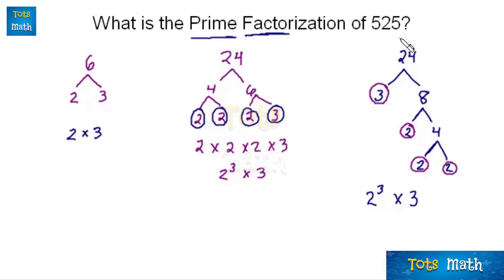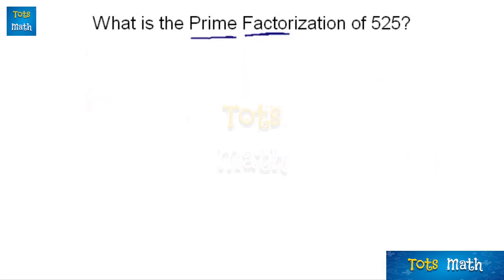What is the prime factorization of 525? So let's begin by writing the number to be factored at the top. And we'll put in our two branches. So what will our first two factors be? Well, this is where knowing your divisibility rules would be really helpful.